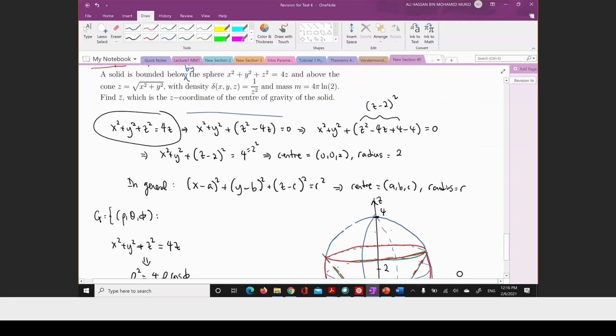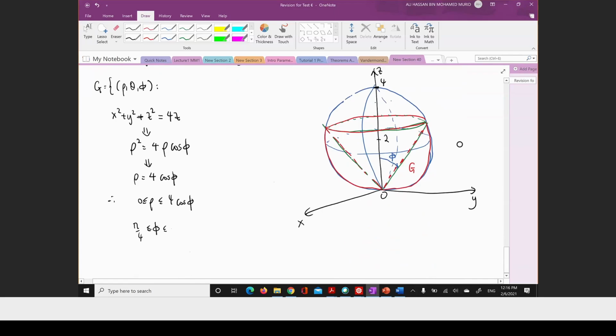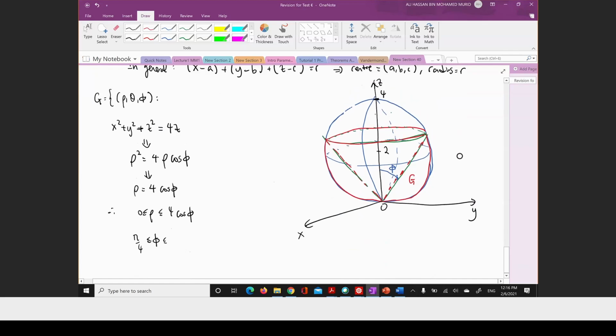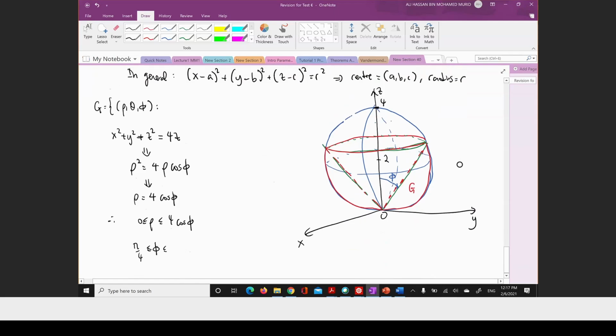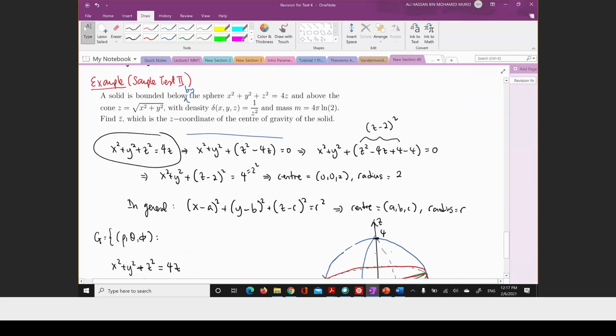So it is not an ice cream cone? Above is on the z axis, right? Above the cone, under the sphere, doesn't it mean an ice cream cone? No, it's very confusing. It is the other way around. The ice cream cone is bounded above by the sphere and below by the cone.